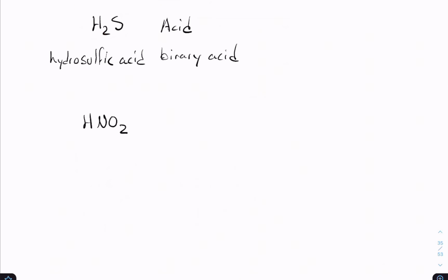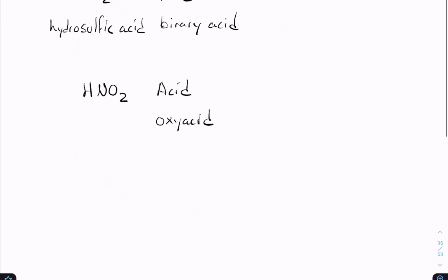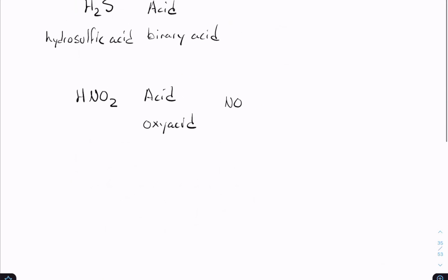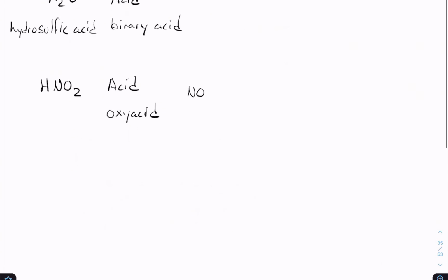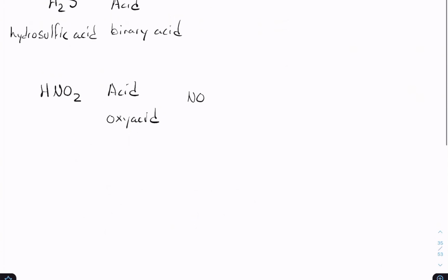So if we had, what type of compound is this? Ionic, molecular, or acid? Acid. And what kind of acid? Oxyacid. There's more than 2 things, so it can't be a binary acid. And then the base form of NO2, how many oxygens does the base form of nitrogen's oxyanion have? It's 3.